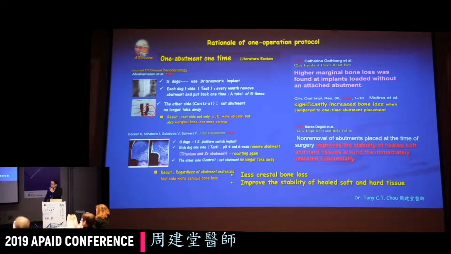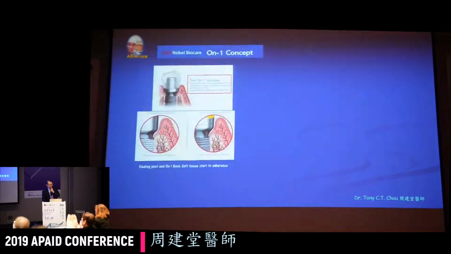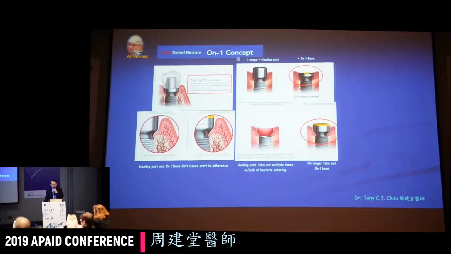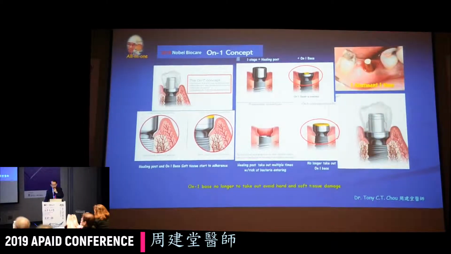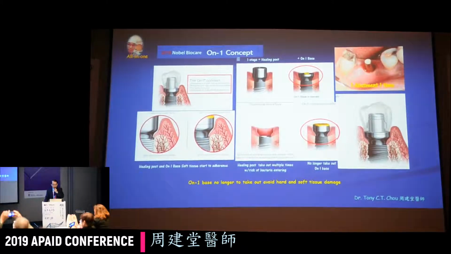We will have the advantages of less crest bone loss and improved stability of the soft and hard tissue. And last year, 2018, a non-layer implant system raised an on-one concept. They use the on-one base abutment during the implant treatment, and then they no longer take this on-one base out.